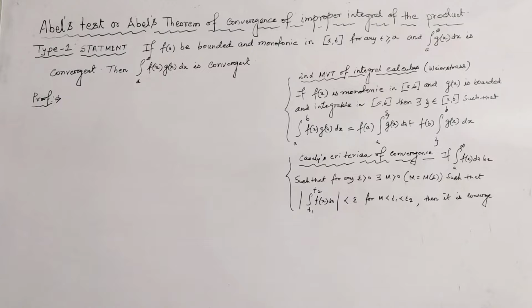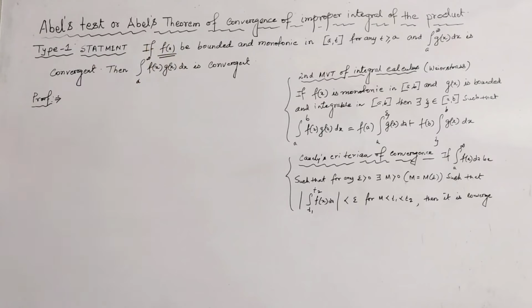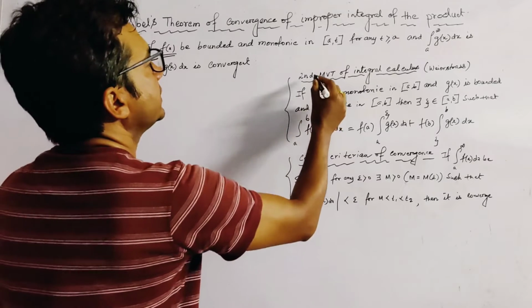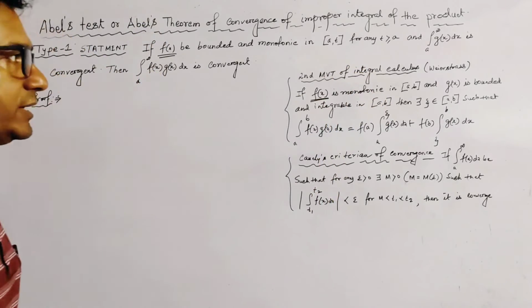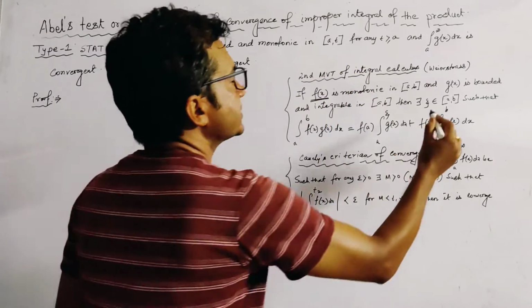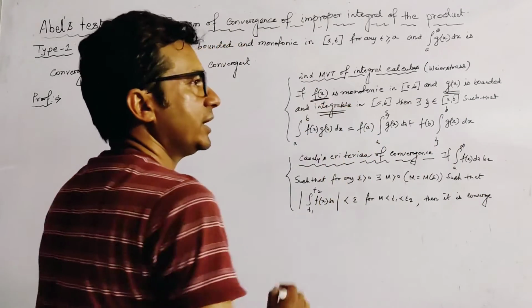Now we first see that f(x) is bounded and monotonic. So here in the second mean value theorem also f(x) must be monotonic, right? And g(x) is bounded and integrable, right?